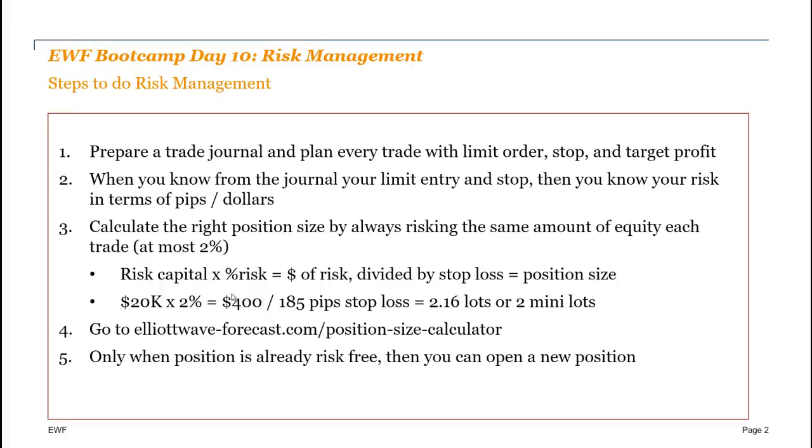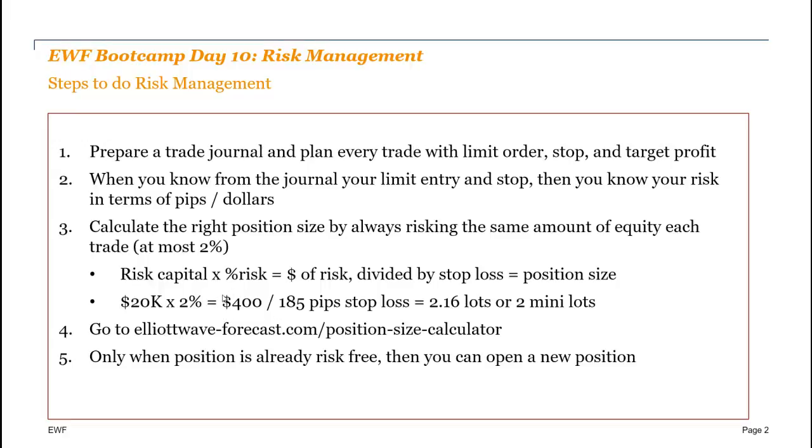This is the amount of your risk in terms of the dollars, and you divide that by the stop loss of the trade. Let's say the trade has a 185 pips stop loss, then you divide $400 by the 185 pips stop loss, and you will get your position size, which is 2 mini lots or 2.16 lots right here.